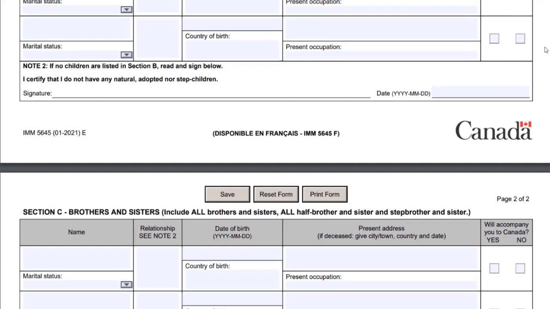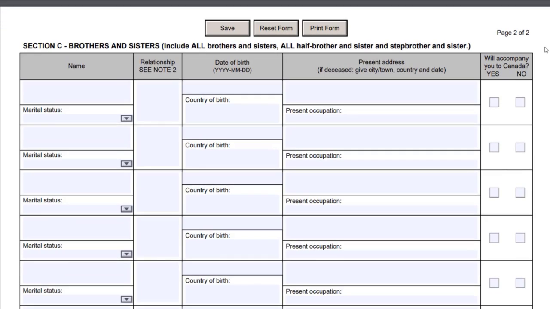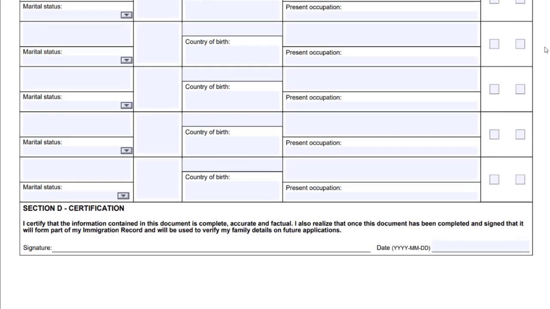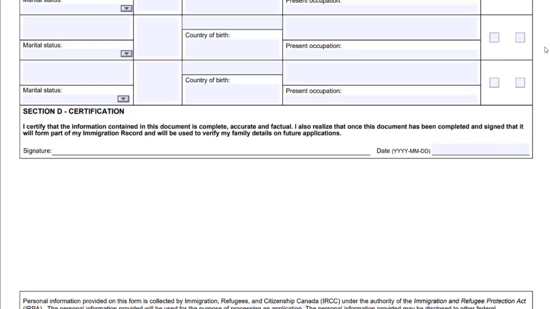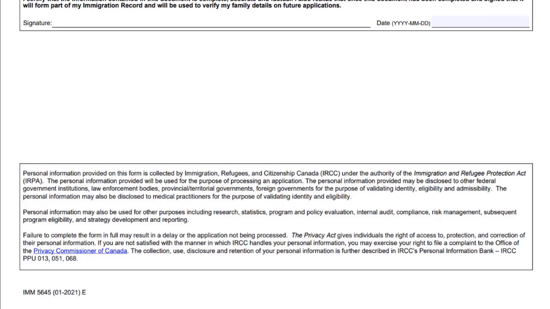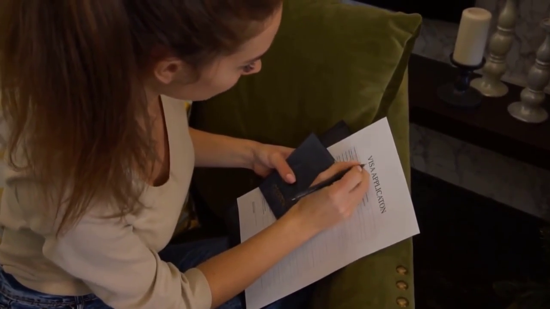All family members, even if not accompanying you, must be included. In case additional space is needed, print out an extra page for the specific section and submit it with your application. Before initiating the form, carefully read the instruction guide and ensure that you type or print the information in black ink. The completed form should be submitted along with your visa application.